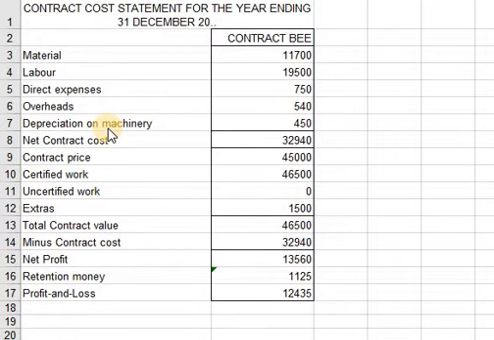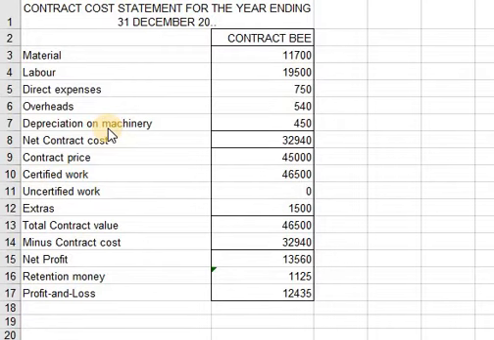So you know from cost and management accounting, we have costs that go into the work that we're doing. Either we're producing stuff or we're offering a service, but we have costs.